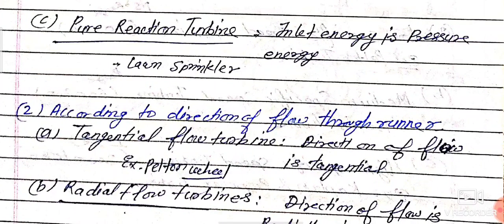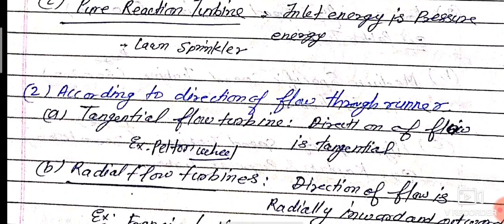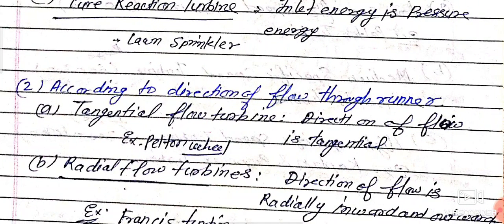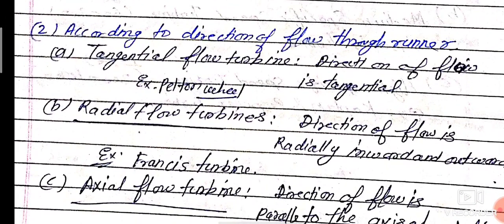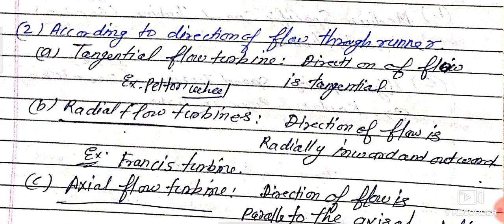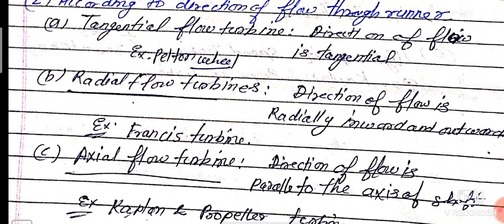According to the direction of flow through runner, the turbine can be further classified as tangential flow turbine, radial flow turbine and axial flow turbine.